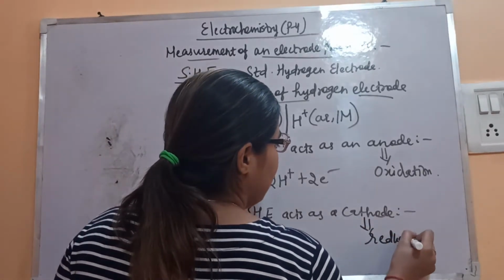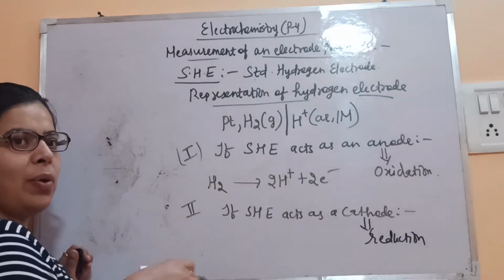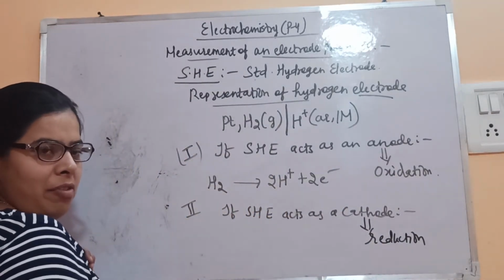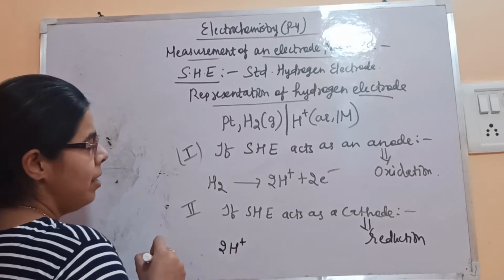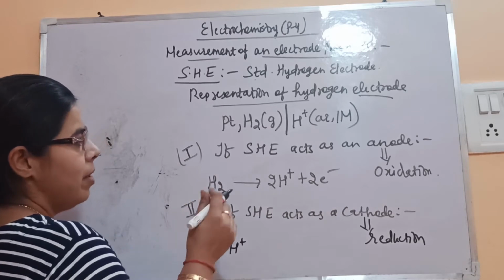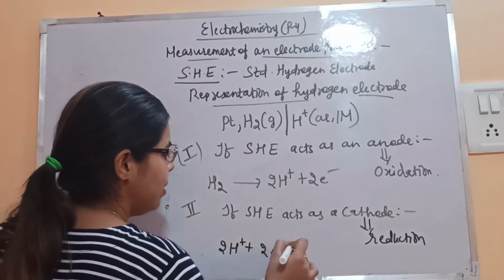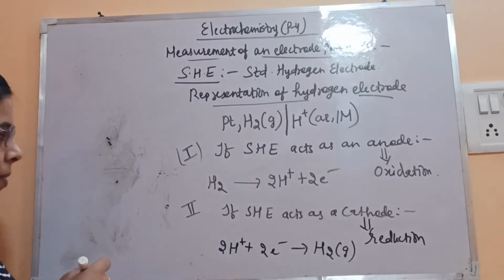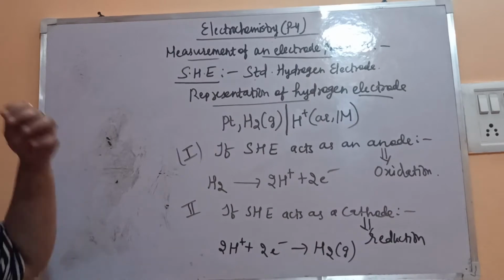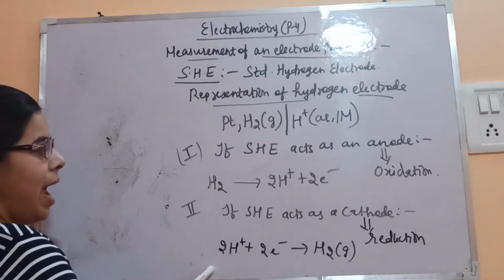The H plus ions present in the solution will accept these electrons and get converted into hydrogen gas. Fine. So this is the reaction which takes place at the anode and which takes place at the cathode.